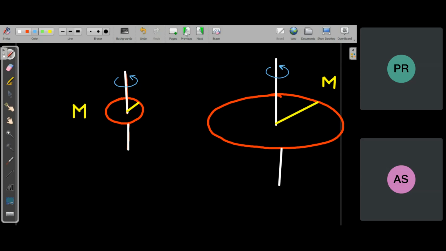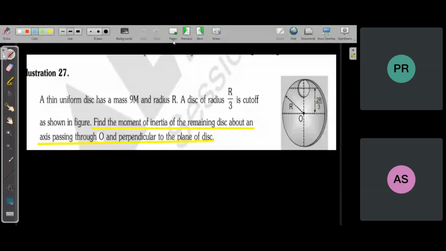So it is that property which plays exactly the same role as the inertia plays in translational motion. Bigger the value of moment of inertia about an axis, the more resistance it offers about that axis to any change in its state of rest or uniform rotation. Only that you can say.